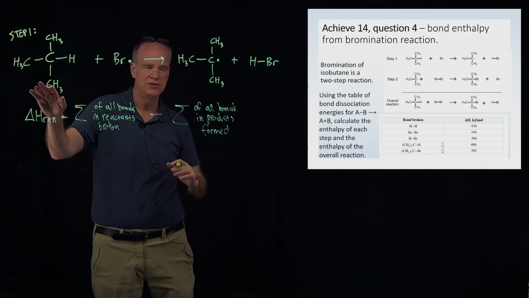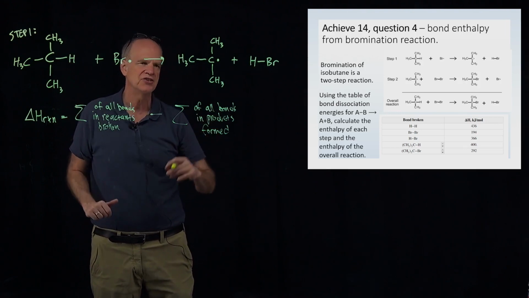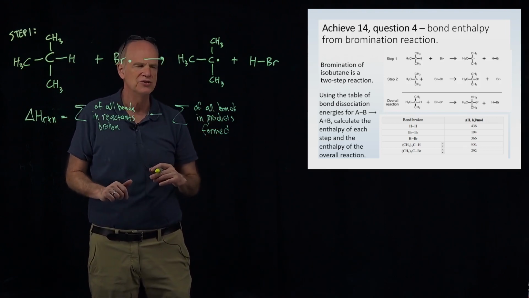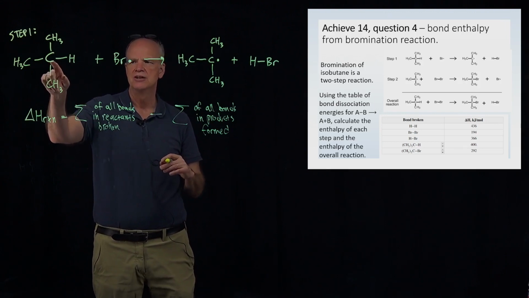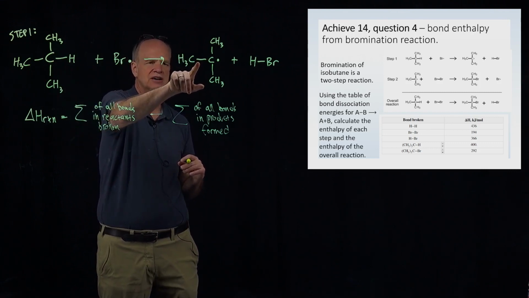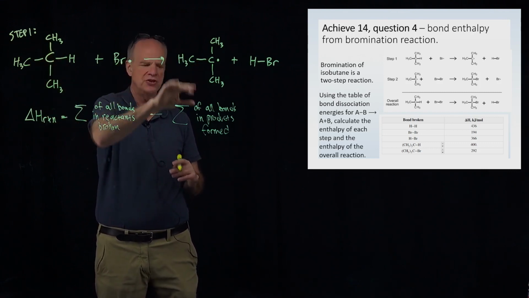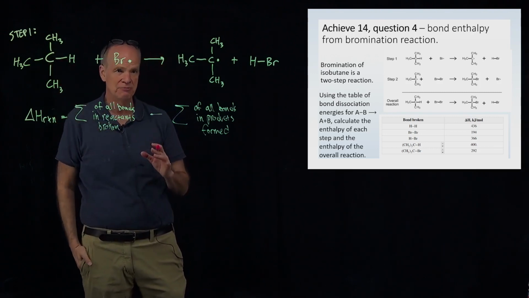But there's really an easier way to solve the problem. I think what you can sort of notice here is that between the left side and the right side of the reaction, really there isn't too much difference in the bonds. And so, for example, here on the left side, we have a carbon here bond to the left to another carbon. This is retained in the products. And so you can see most of the bonds here in the reactants are retained in the products except for two bonds.